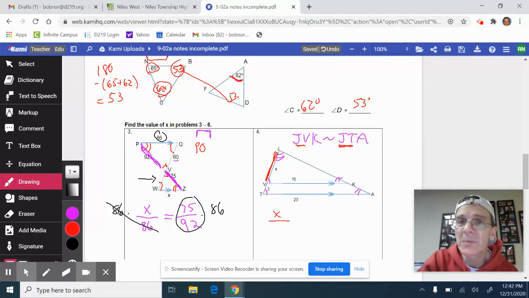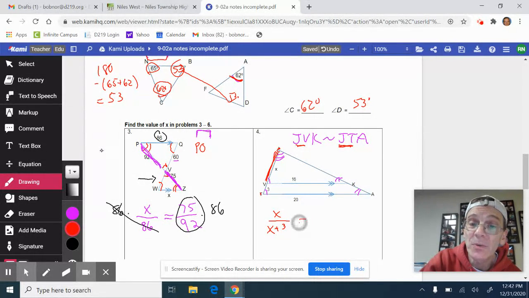How long is segment JT? You can't give me a number answer for that. You've got to give me an algebraic expression. The length of JT from this point all the way down to that point is X plus 3. Okay, so there's one ratio.